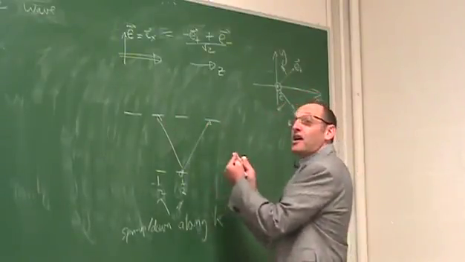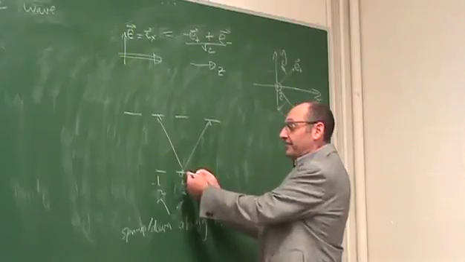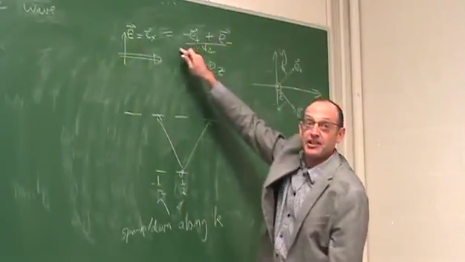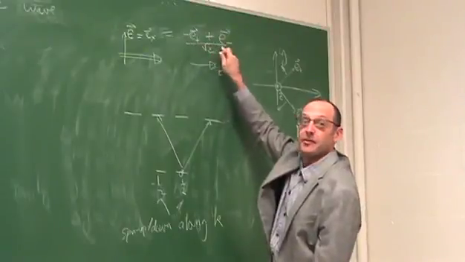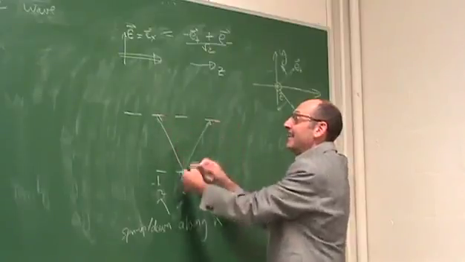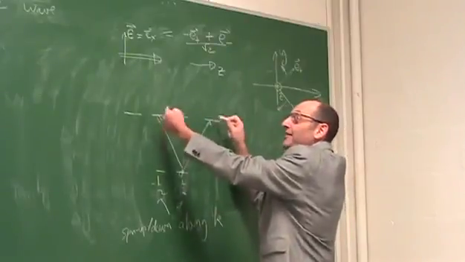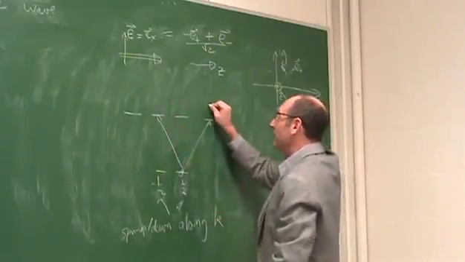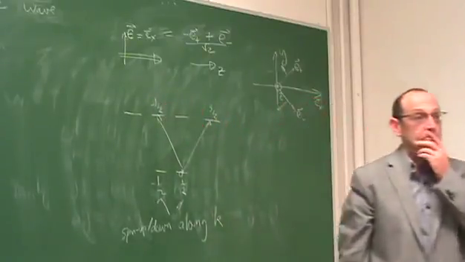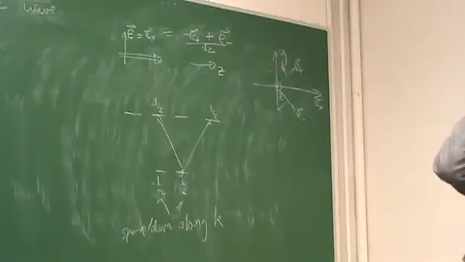In fact, with this light, because this is a superposition of sigma plus and sigma minus, the atom will be driven into a linear superposition, a coherent superposition of these two magnetic sublevels. Now, how is that possible?